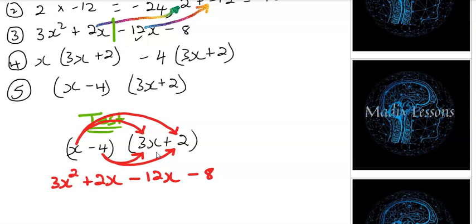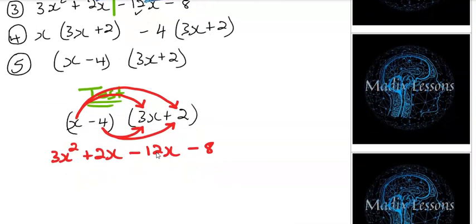So now we're going to simplify it, clean it up nicely, and see what happens. We have 3x squared, and we do not have any other like terms, so we put that back as 3x squared. In the middle, we have 2x minus 12x, which gives us negative 10x.